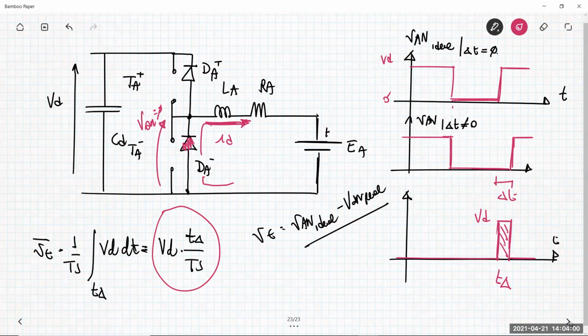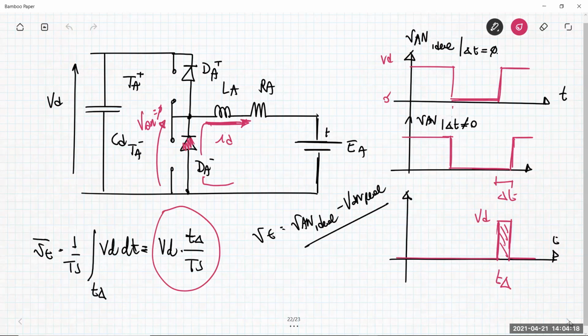It increases with the frequency. So if the frequency increases, the impact of this insertion of T delta is larger. It increases if I use a T delta which is larger. And so we have to consider this difference here.